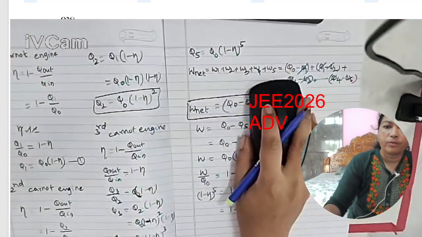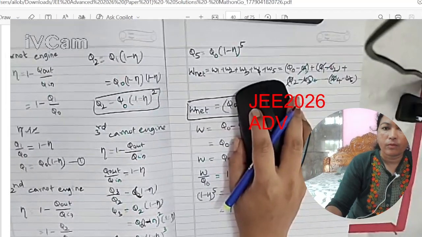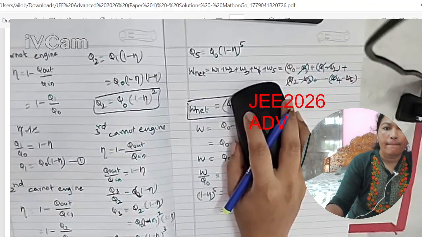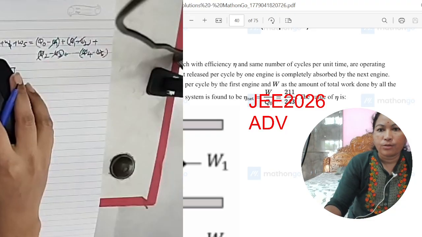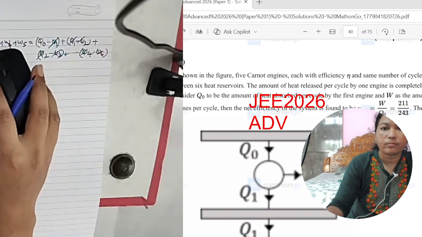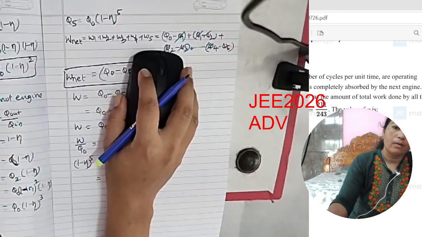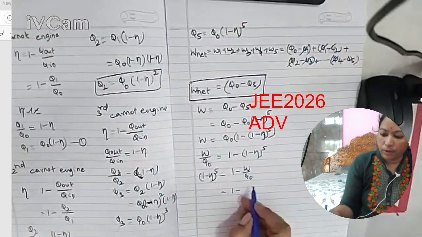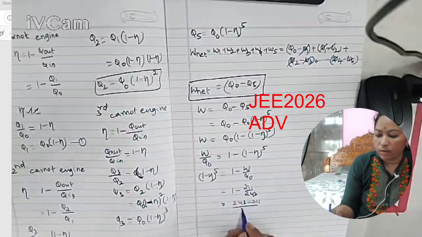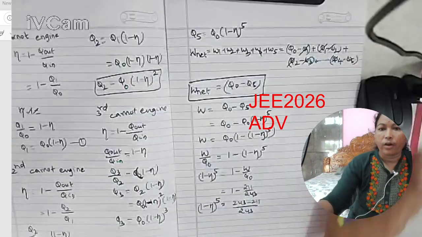How much is it in the problem? 211 by 243. So W by Q naught is 211 by 243.